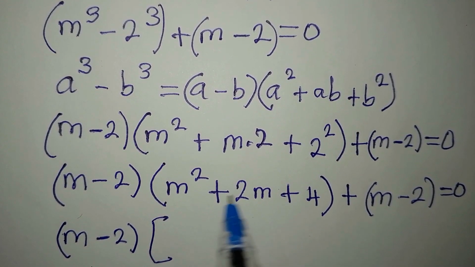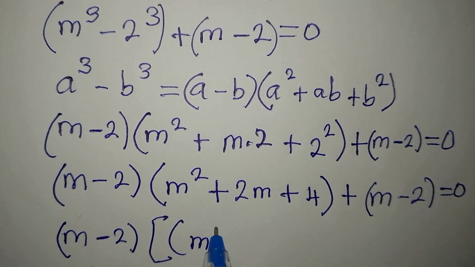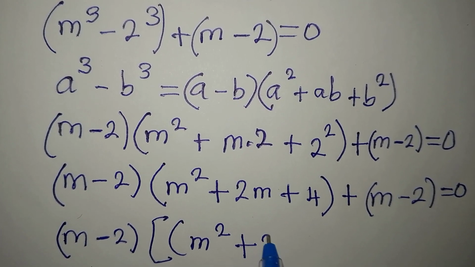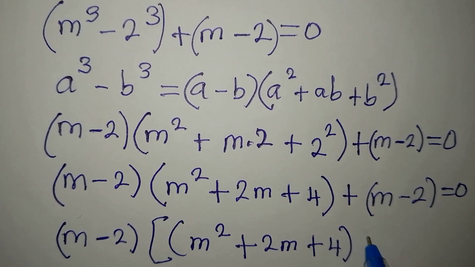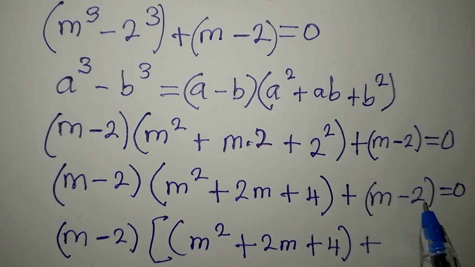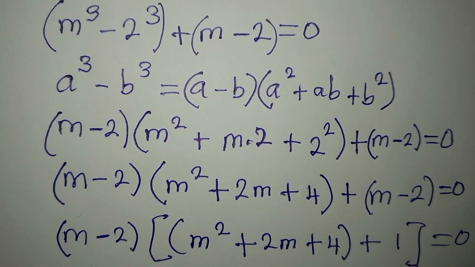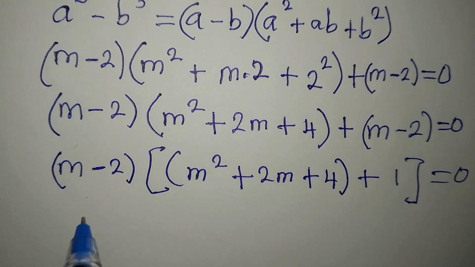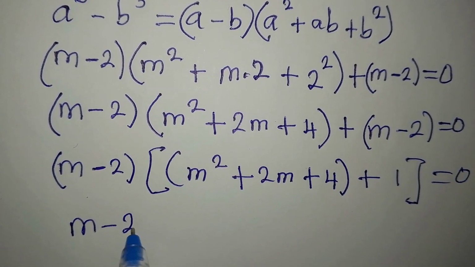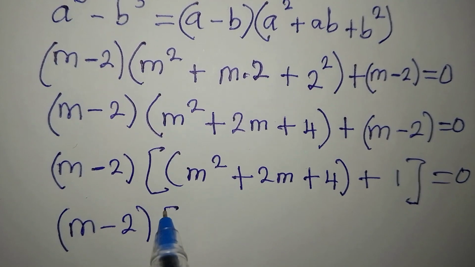So we will factorize m minus 2 out as a common factor. Then here, I have m squared plus 2m plus 4. Then plus m minus 2 divided by m minus 2 will give 1. So we can now close this and equate to 0. So from here, m minus 2 remains the common factor.